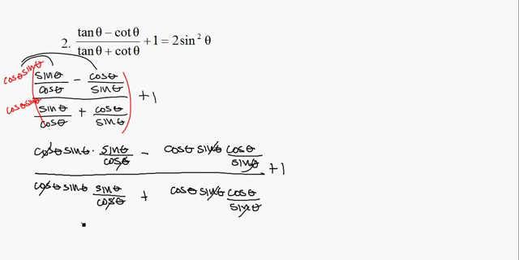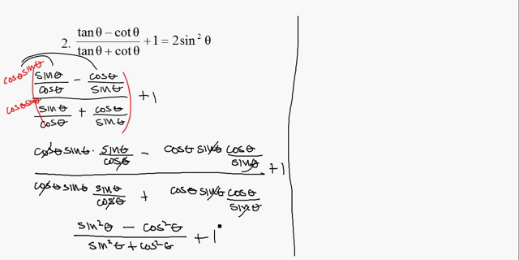So the numerator, I'm left with sine squared theta minus cosine squared theta, all over sine squared plus cosine squared plus 1. So I'm going to go over here now. My numerator over here, this is just equal to 1.